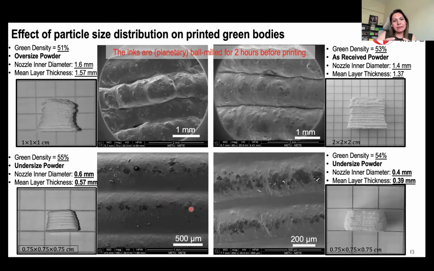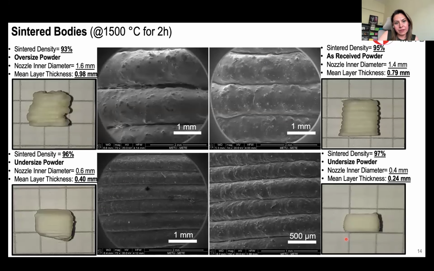Besides, since we solved that clogging issue, we could actually print much thinner layers, so we could reduce the surface roughness. Once we sinter those green bodies, the oversized one couldn't retain its shape. With the as received one, it looks quite nice, but once you look in detail, you realize we have some heterogeneities. However, the undersized ones look much, much nicer than the others, without any obvious heterogeneity.